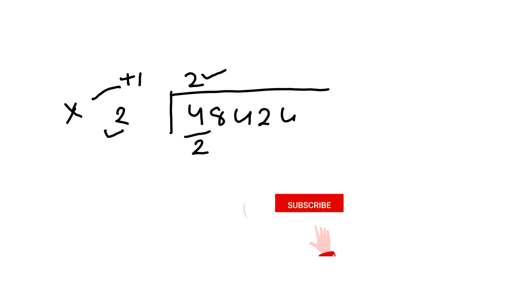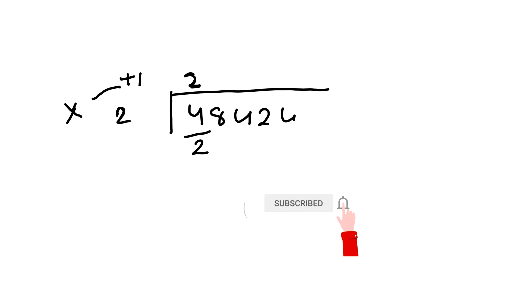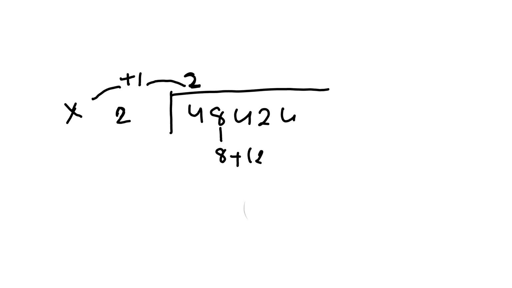So let us see one by one. Okay, first number is okay. Now the second number, that is 8. You have to add the multiplication of quotient with multiplier. That is 2 into 1. That means 10. Divide by 2. The quotient shall be 5.